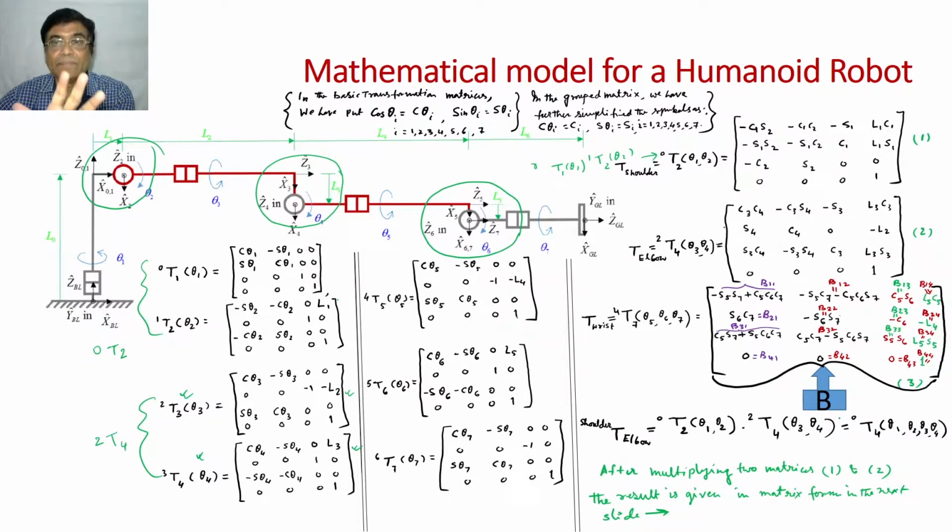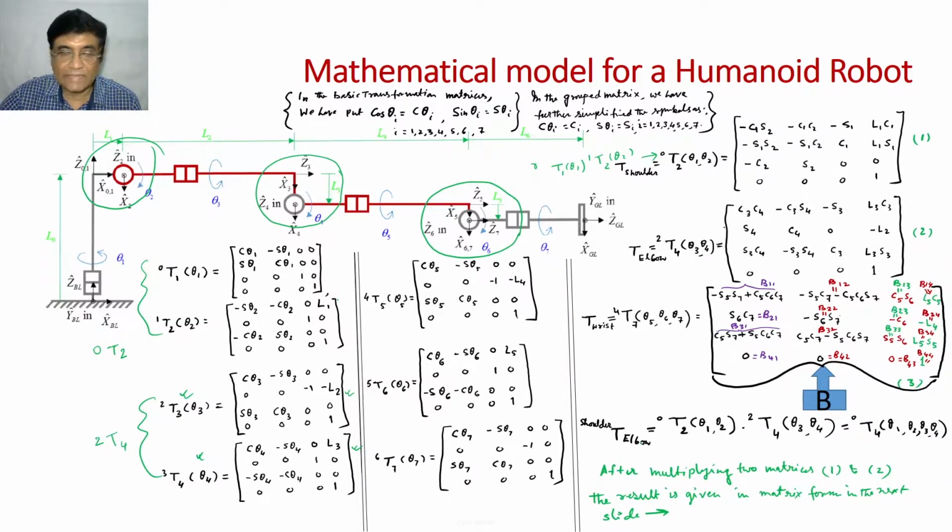Anything means some position vector, which will be 4 cross 1, for example, and if we multiply it with this, we will get a vector with respect to the shoulder joint. So that's as simple as this.